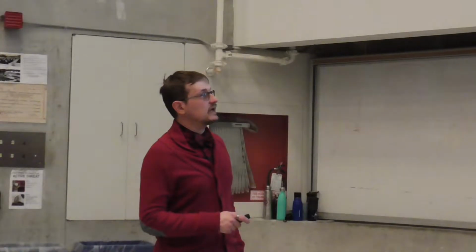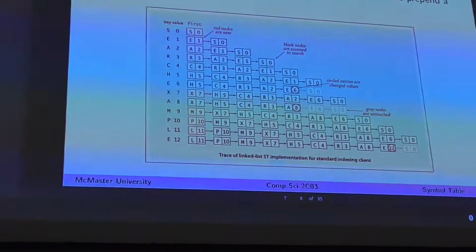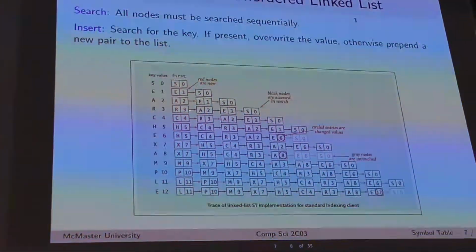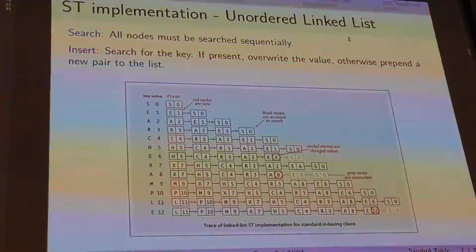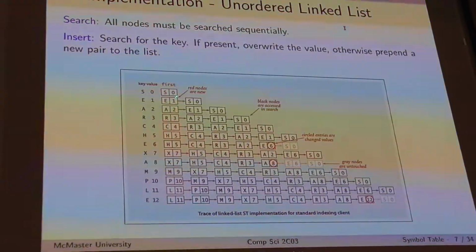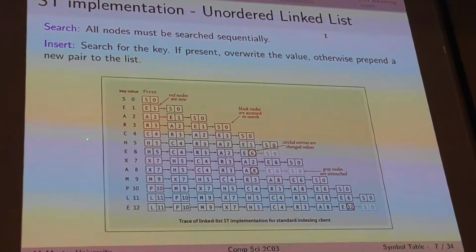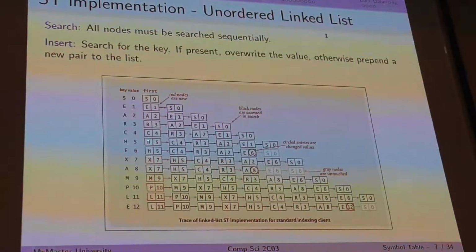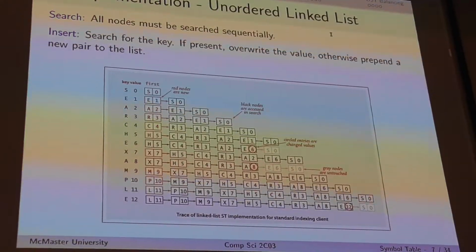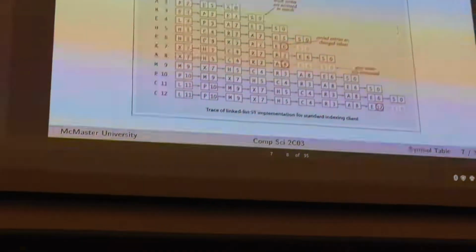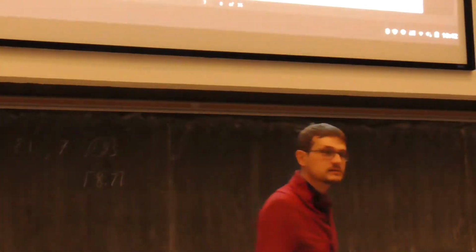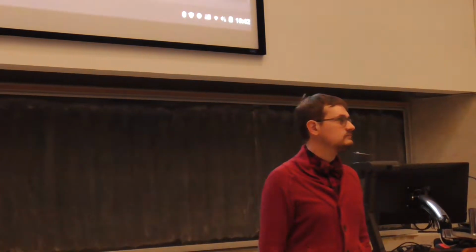So this is an example of using a singly linked list to implement a symbol table. You'll notice that each node in the list contains both a key and a value. We add these sequentially, but we are not terribly concerned with the ordering. So what does that make insertion complexity?